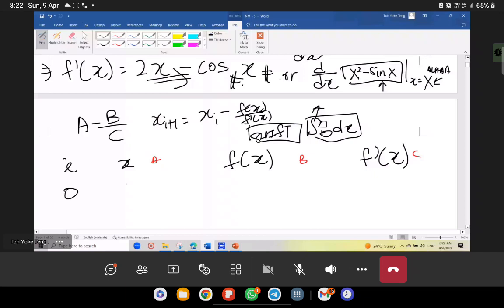For the initial guess, I choose 1. You can use zero or 0.5, which is also acceptable, but for 0.5, you will get it at i equals 6. So again, just remember to choose the point nearer to the exact root.